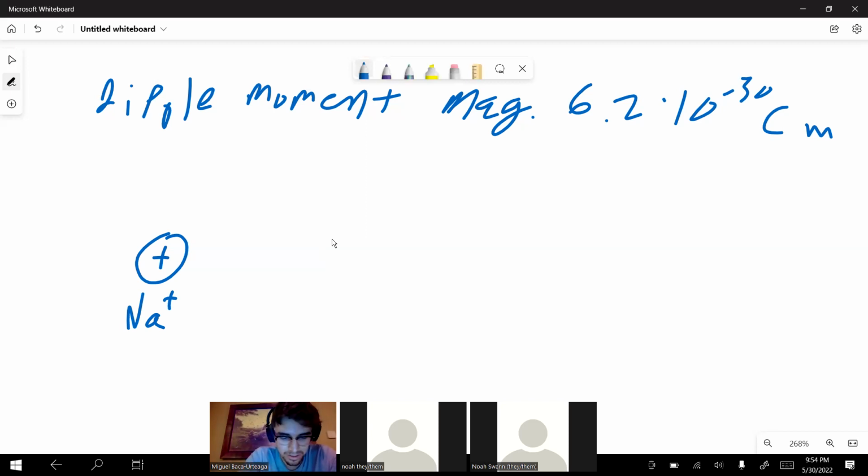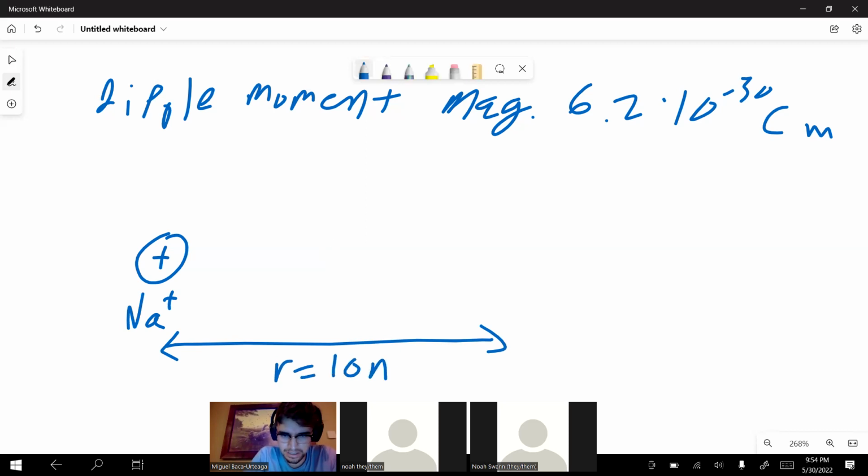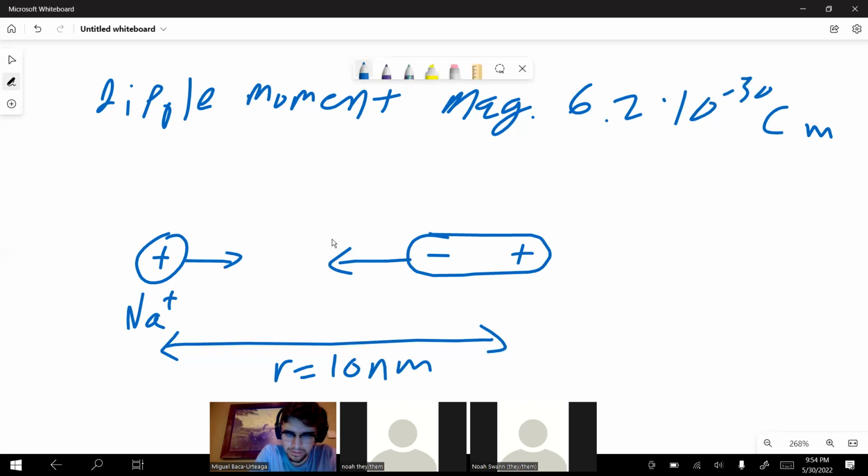So this right here is your sodium particle, and then R is equal to 10 nanometers. And then you have your water molecule, which is shown like this. What's going to happen is you're going to have two arrows.